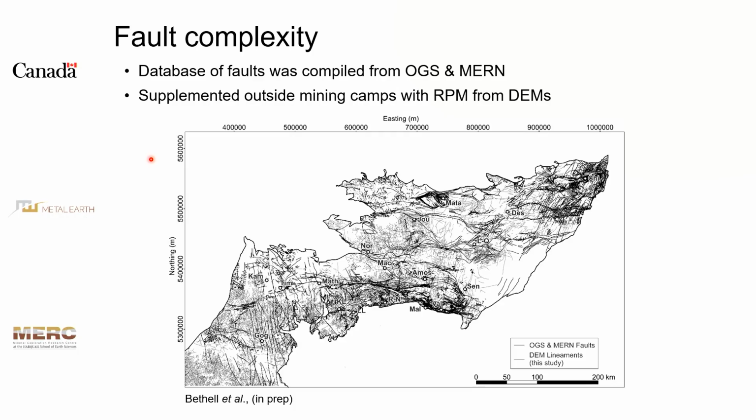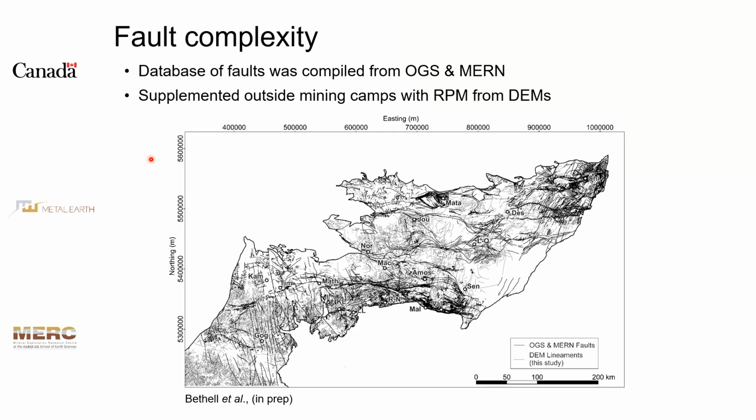I compiled a database of faults from OGS and MERN, but the mapping detail is a lot better in areas surrounding the main mining camps. So you'll get a bias if you just look at that data, because faults are going to be more complex where the mapping was more complex.